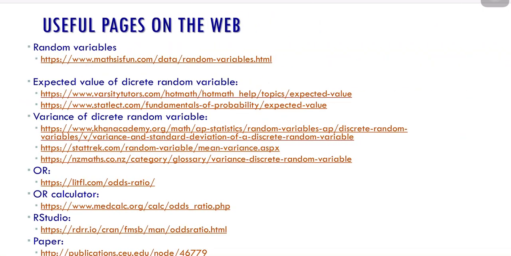There are also some useful sites for studying statistics, which I usually use for random variables. You can use this site, or for the calculation we can use Calc, and also RStudio, and we can find it for the variance.